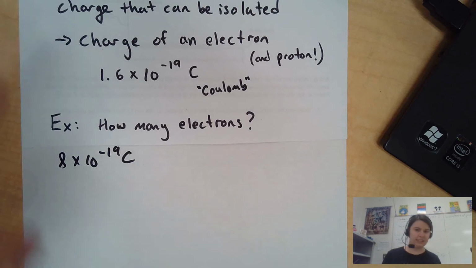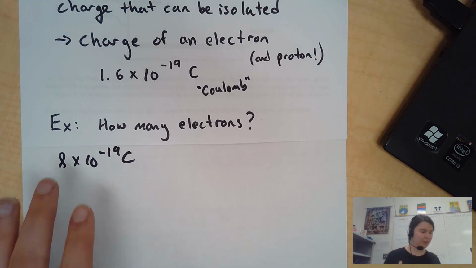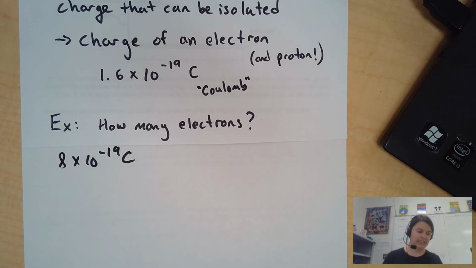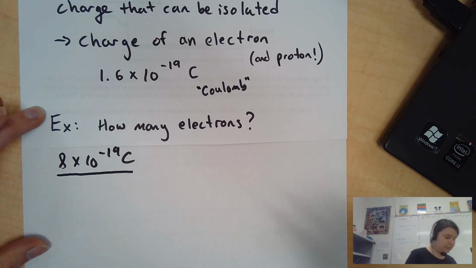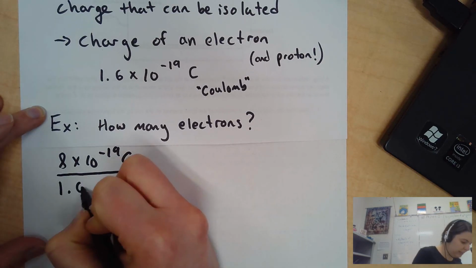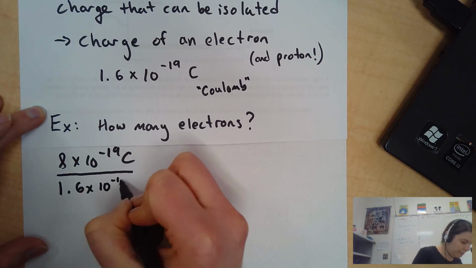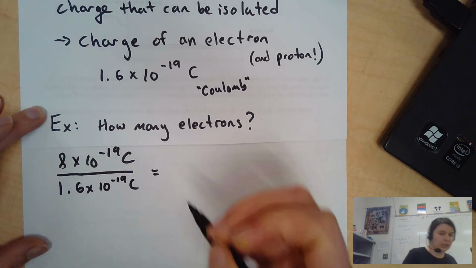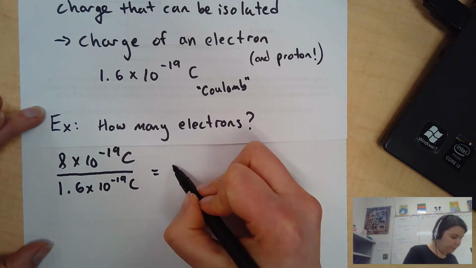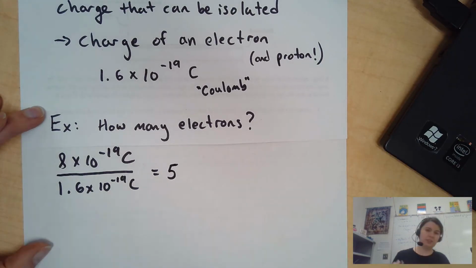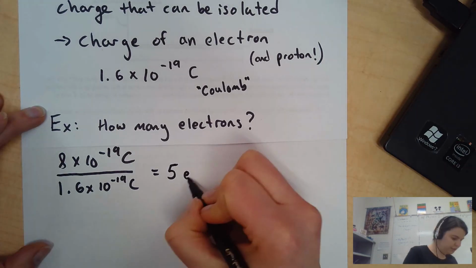And my question is, how many electrons are in an object that contains 8 times 10 to the negative 19 coulombs? Well, to do this, all we're going to do is divide this number by the elementary charge. If we plug this into a calculator, and we do so very carefully, we should find that it gives us a round number, 5 electrons.